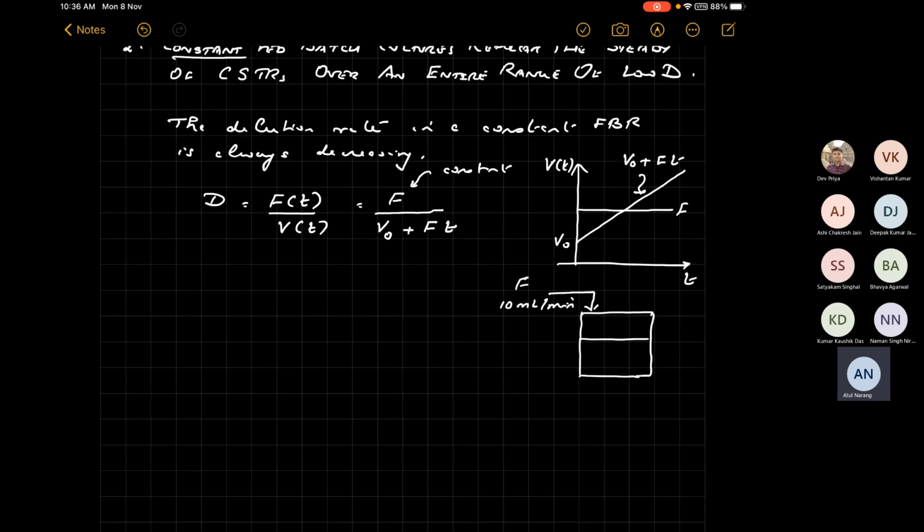If I have only 100 milliliters in the reactor, then a flow rate of 10 milliliters per minute will dilute that small volume quite rapidly. But once I have grown my volume to, let's say, 1000 milliliters, then the addition of the same 10 milliliters per minute will not have such a strong dilution effect. So the larger the volume, it is not surprising, the weaker your dilution effect. Is that part clear physically and mathematically? Yes, sir.